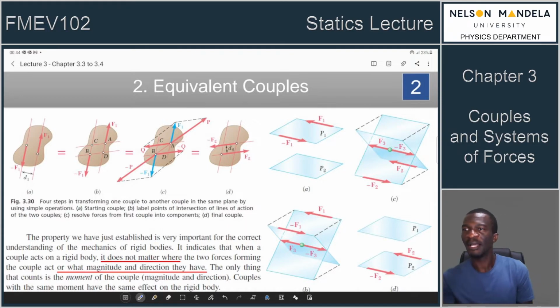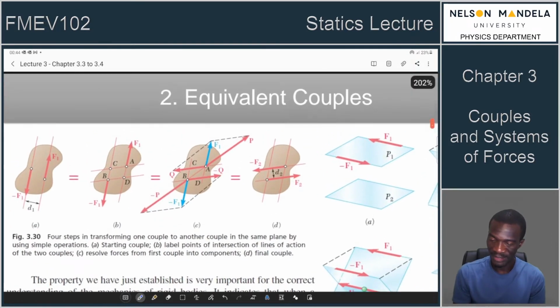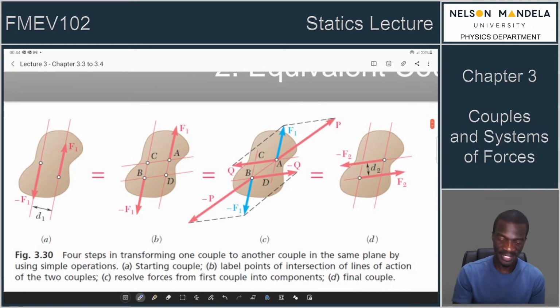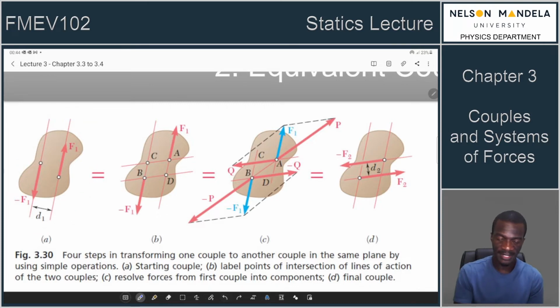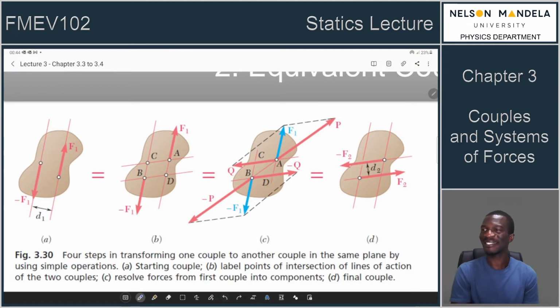So equivalent couples are now given in this example. If you want to find an equivalent couple, you can actually test the couples this way. The assertion is that if this rigid body has two forces acting on it, force minus F1 and force F1, we can prove that these forces, as long as in this case they are coplanar, on the same plane, will certainly be equivalent to that.